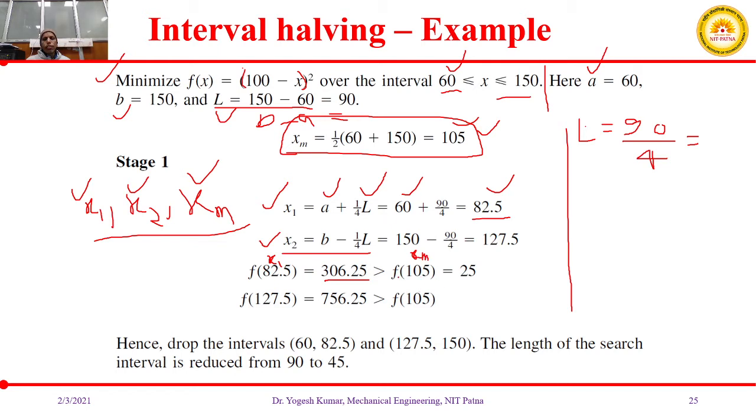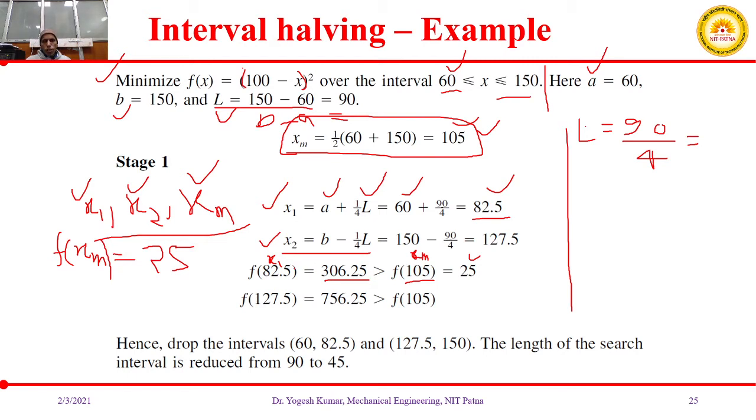It is greater, because xm is 105, so 100 minus 105 is 5, and the whole square of 5 is 25. So we can say f(x1) is greater than f(xm).